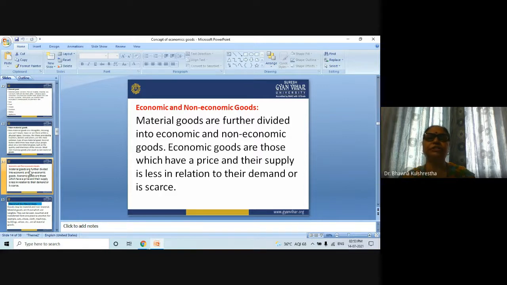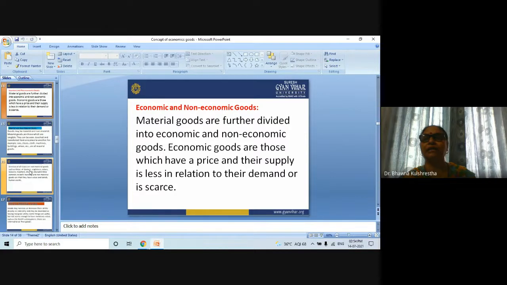The production of such goods requires scarce resources having alternative use. For example, land is scarce and is capable of producing rice or sugarcane.